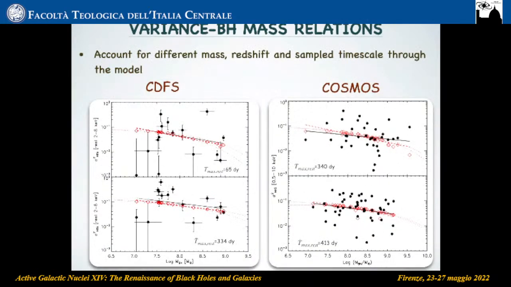So when you put all this together, what we did, we plotted mass versus variance plots for each one of these samples. And here you can see, of course, with a huge scatter, especially in the Chandra Deep Field South, we know that part of the scatter is due to the intrinsic stochastic nature of the source. Despite what you do, you will always have a very large scatter.